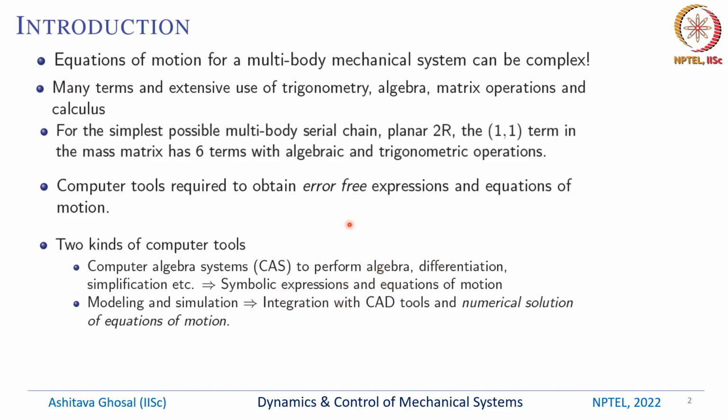For example, in the Lagrange formulation, where we do partial derivatives with respect to qi and qi dot, we can arrive at the equations of motion by doing all those expressions symbolically.